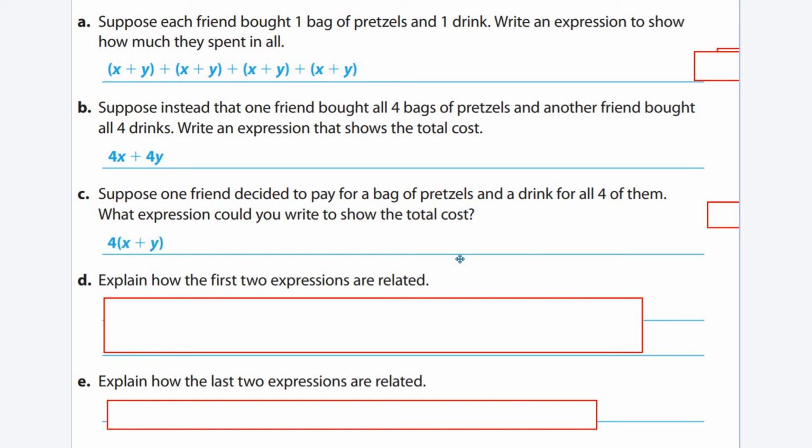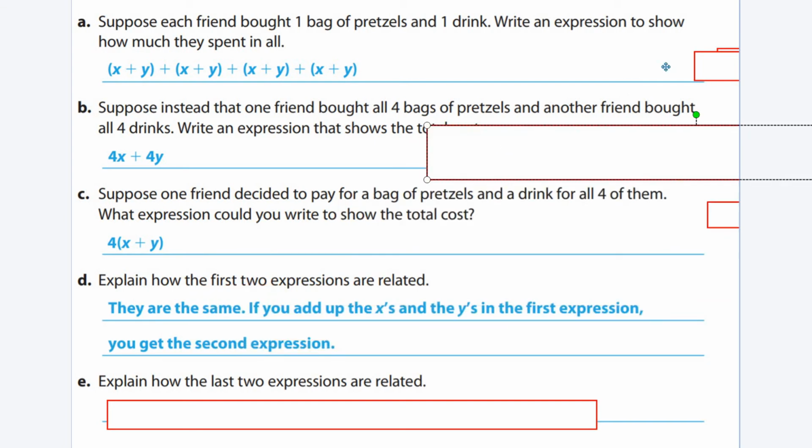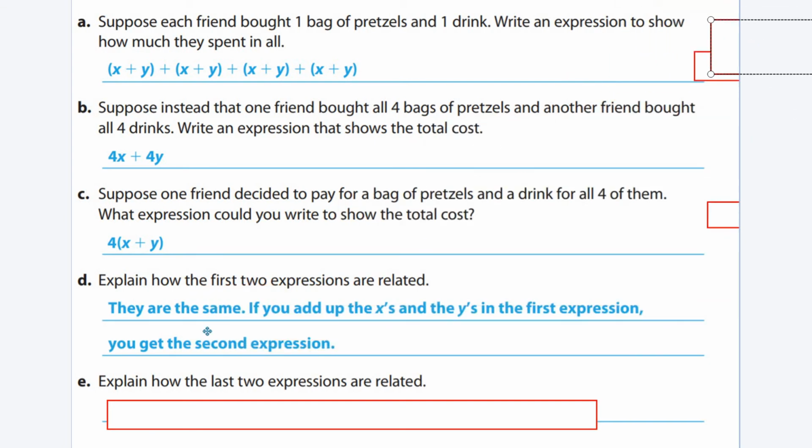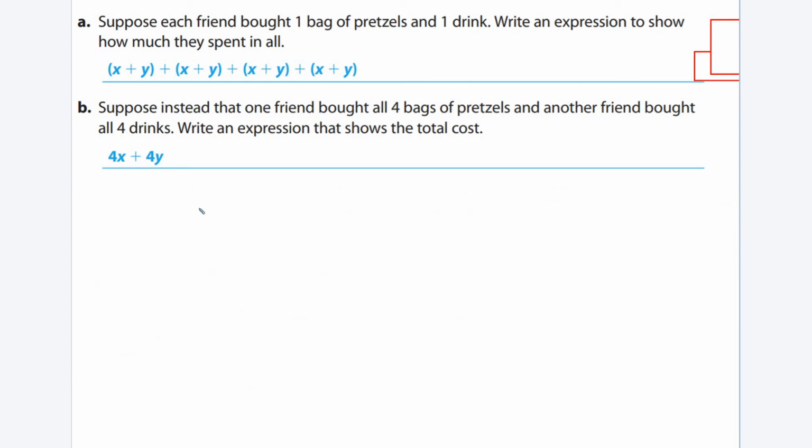Now let's look at question D. Let's look at how the first 2 expressions are related and see what explanation you gave. This is one explanation: they are the same, obviously. If you add up the x's and y's in the first expression, you get the second expression. Let's go over that and break that down for you. So watch.